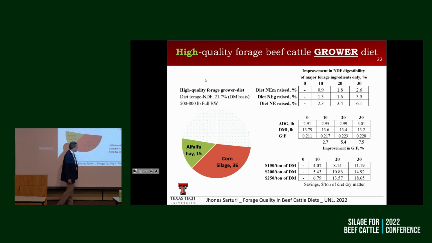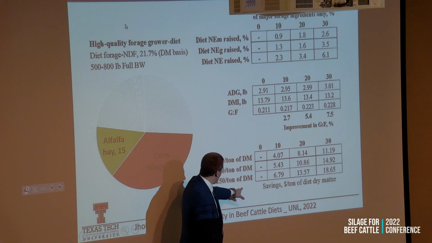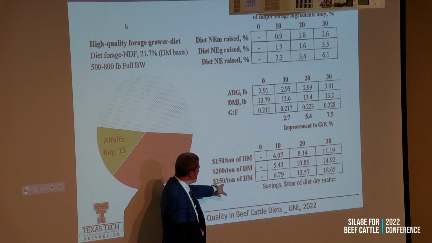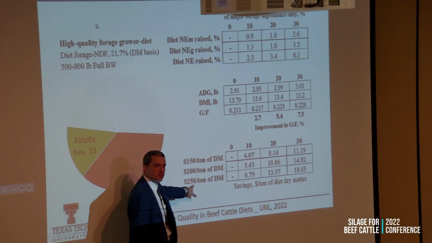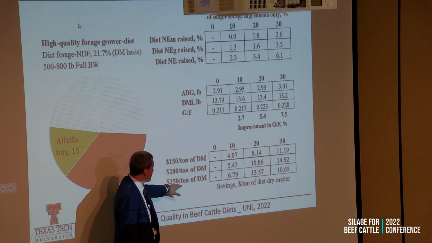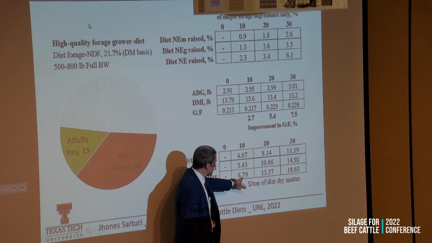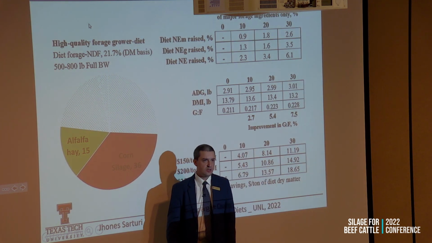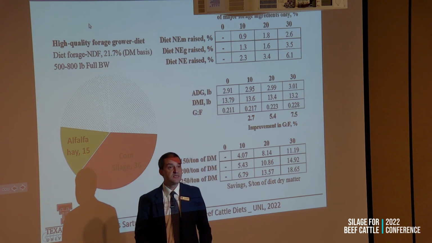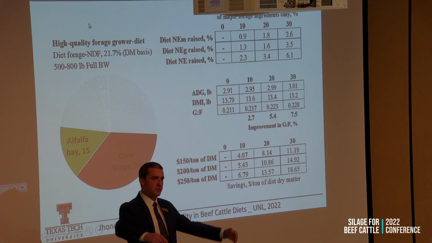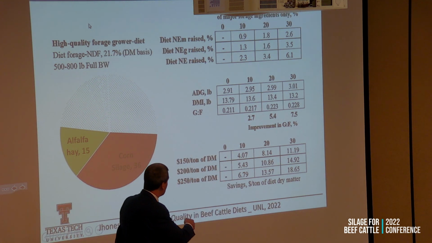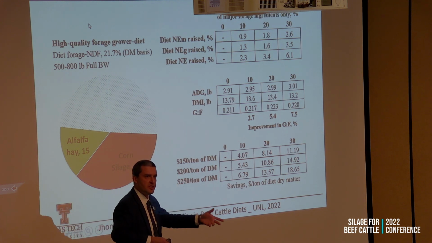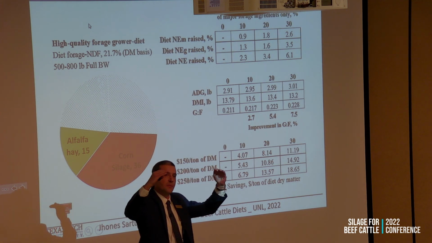What will that represent in savings in this high quality grower diet? If we go straight over here to the $250 per ton of dry matter as a base price for this diet, almost $7 to roughly $19 in savings, because these animals would be, assuming feed conversion, or the inverse of gain efficiency, gaining the same amount but eating less.